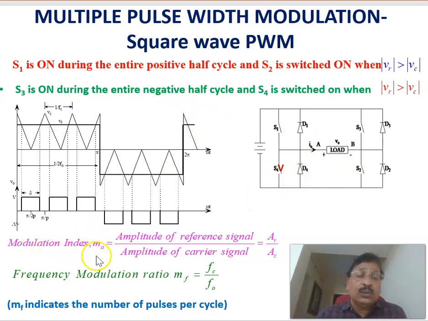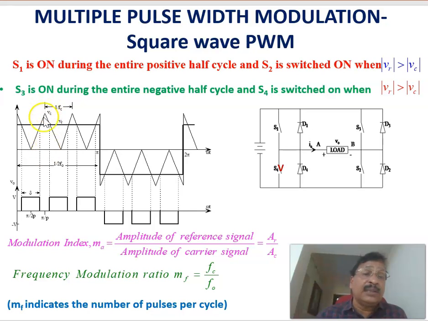And in this case, there are two terms to be defined. That is what is called the amplitude modulation index, MA. Amplitude modulation index is the ratio of the amplitude of the reference signal, this square wave signal, divided by the amplitude of the carrier signal. The maximum magnitude of the carrier signal is this one.